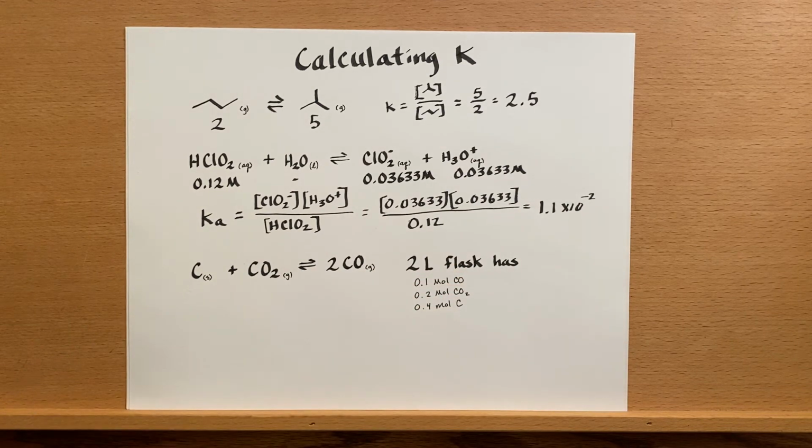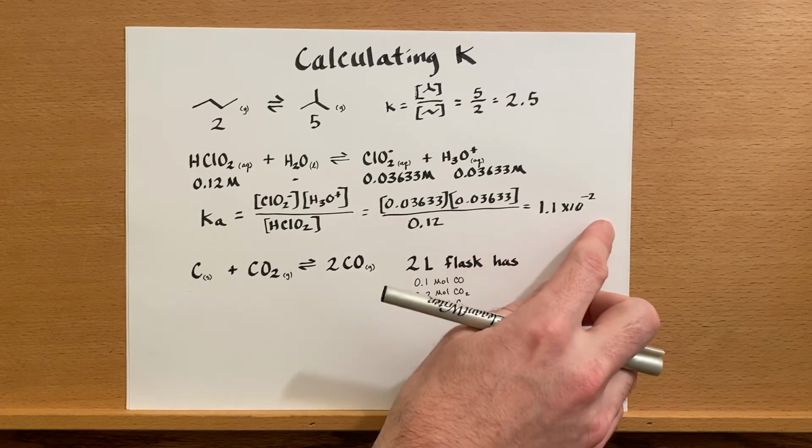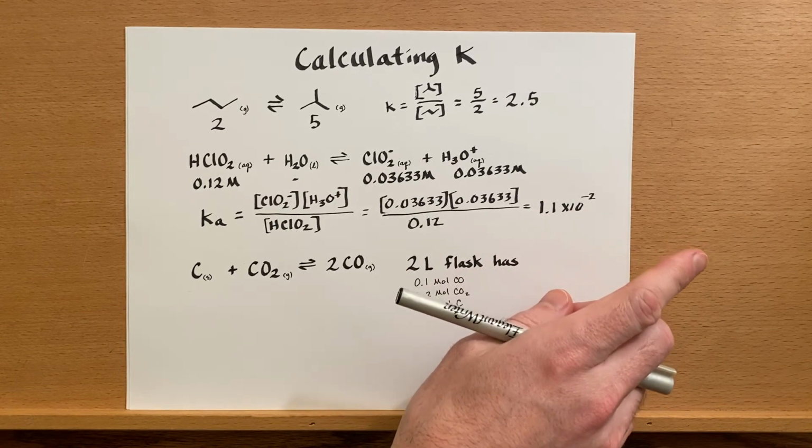Well, actually, we don't assign units to K. We're merely using K as a ratio of products to reactants. And so it is considered to be a unitless quantity. So that's it. No units on the end.